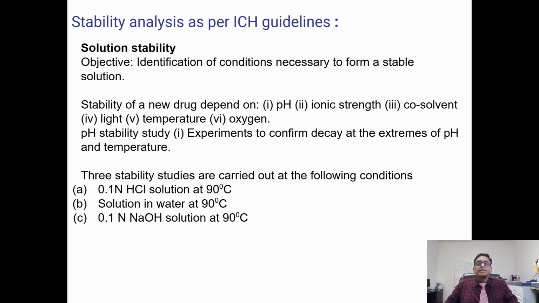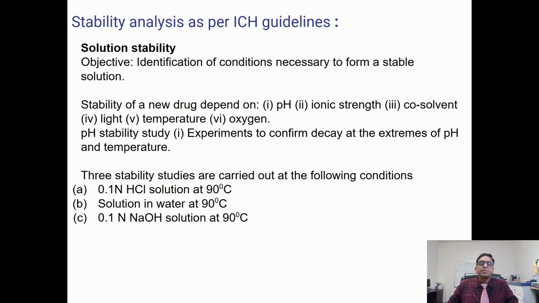Under stability analysis as per ICH guidelines, we come to how solution stability has to be carried out. The objective of this study is the identification of the conditions necessary to form a stable solution dosage form. As we know, in the development of a solution dosage form of a new drug compound, pH, ionic strength, co-solvent, light, temperature, and oxygen are going to influence the stability.